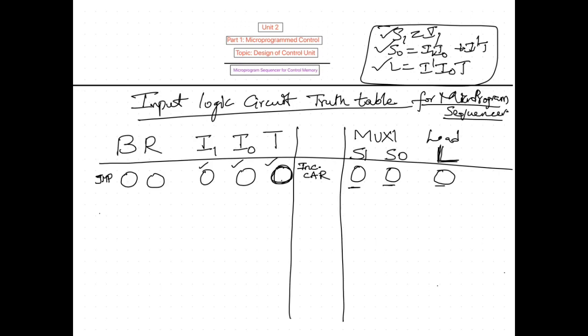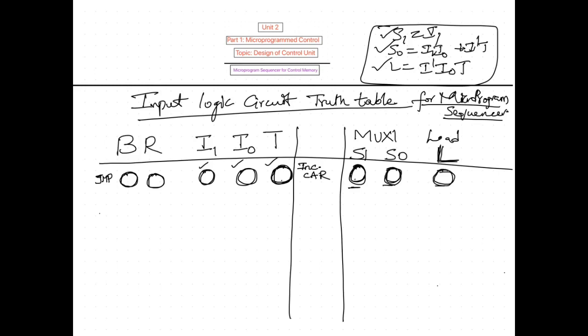How? See here, when the branch field is 00, the same 00 is fed to I1 and I0, and if the condition is 0, it is increment CAR. When I increment CAR, that is line 0, which means S1, S0 is 0 0, and L is equal to 0.